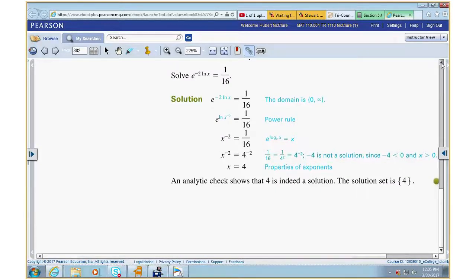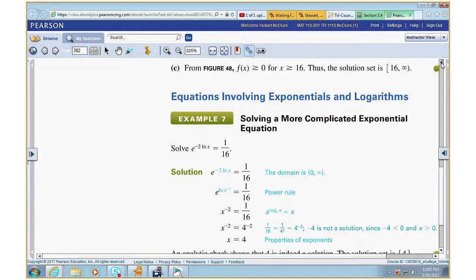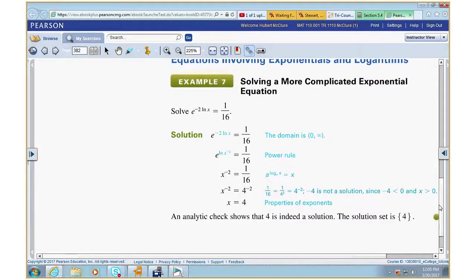This one, write this one down, because you're going to see this a lot in calculus. e to the -2 natural log of x is equal to 1/16. Bring the power rule out.